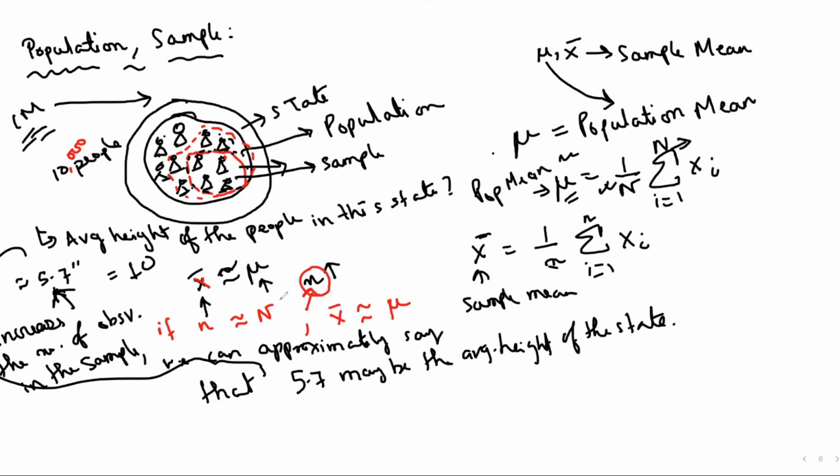What is the condition? The condition is that n should be close to N. This is all about population and sample, guys.